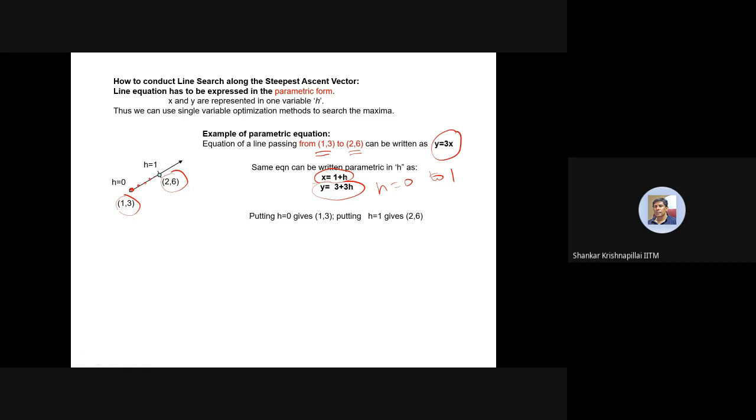If you put h equal to 0, you get x equal to 1 and y equal to 3. And if you put h equal to 1, you get 2, 6. If you put h equal to 0.5, then you will get the midpoint.